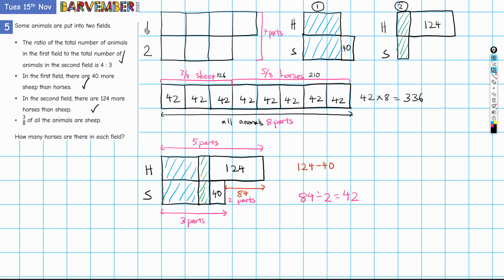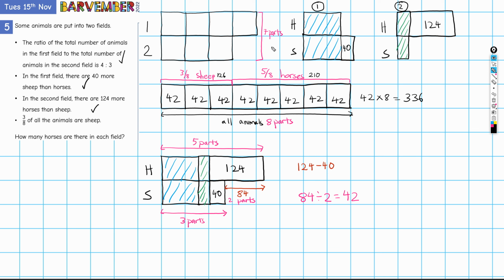So what we need to do is populate this model here. Now remember I pointed out that this was an 8-part model. This is a 7-part model. So we can't take these and put them here. This is not worth 42, okay, because this total has been divided into 8.